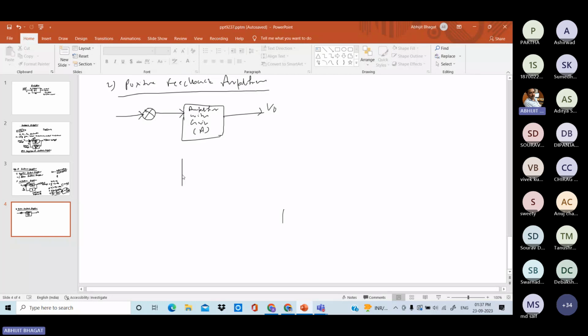There is feedback network having the beta, which is called the feedback ratio.